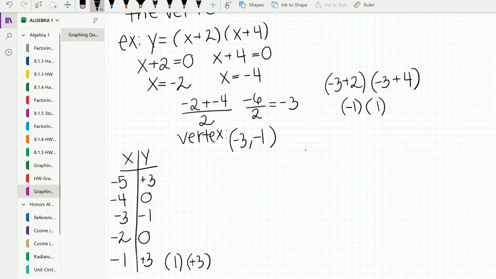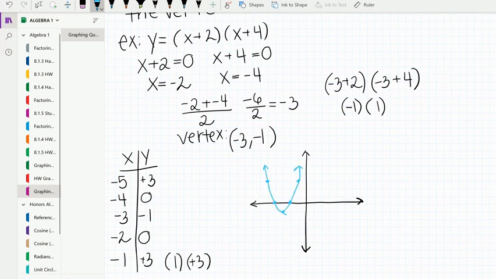Okay, so then we will graph it. And I will change the color again. So we have -5, 3, -4, 0, -3, -1, -2, 0, and -1, 3.